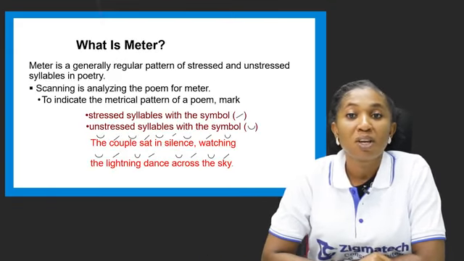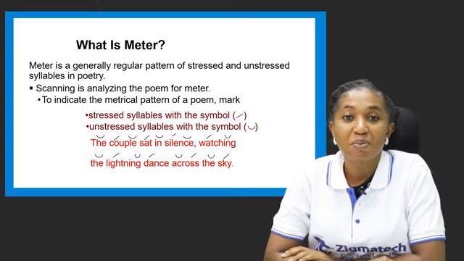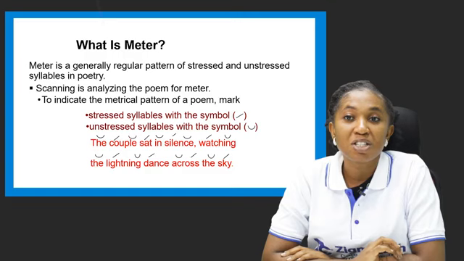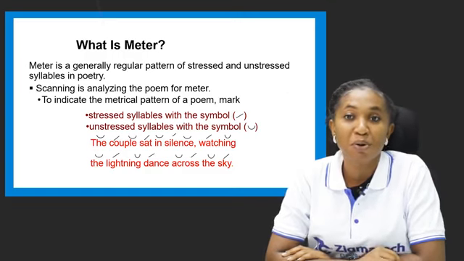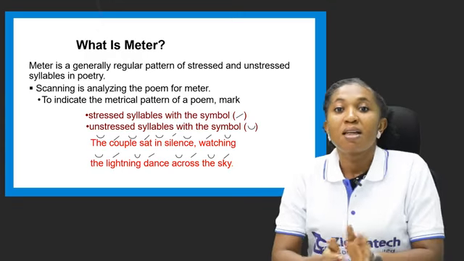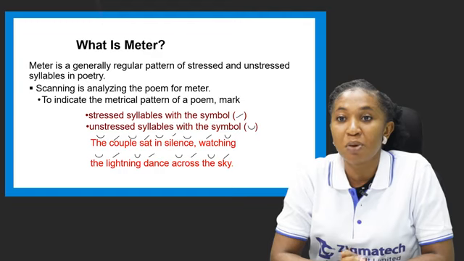Now we are going to also look at meter. What do we mean by meter in poetry? Meter is a generally regular pattern of stressed and unstressed syllables in poetry.